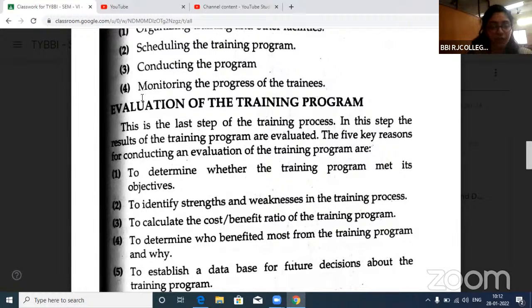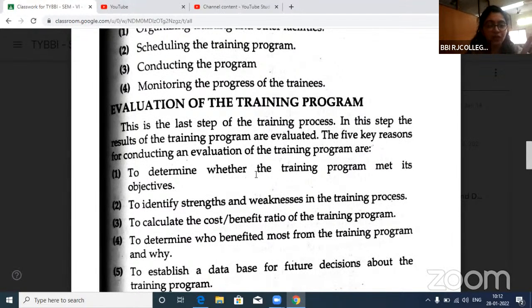You need to check that. So evaluation of the training program is the last step of the training process. In this step, you are supposed to calculate the results, the output of the training. That means if I trained my employees, how are they doing their work? How efficiently are they performing their jobs? You need to check on them.